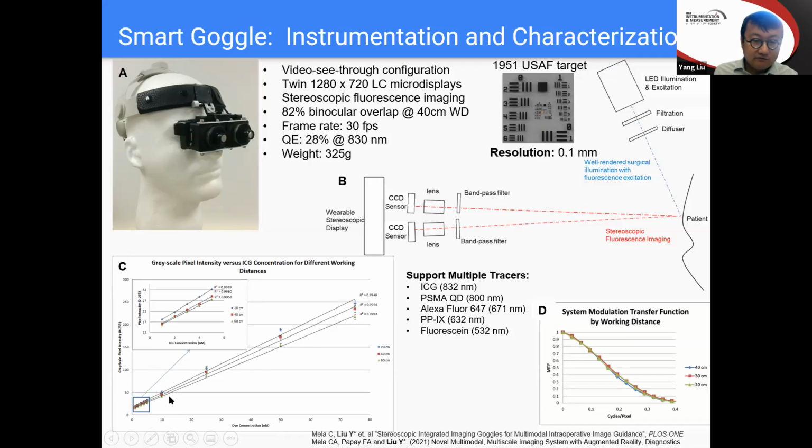You can see that we have very good linearity, and our system can detect down to 2 nanomolar of indocyanine green. That's very impressive. So in addition to ICG, indocyanine green, we could also apply the system to other tracers such as quantum dots or Alexa 647, as well as 5-ALA.